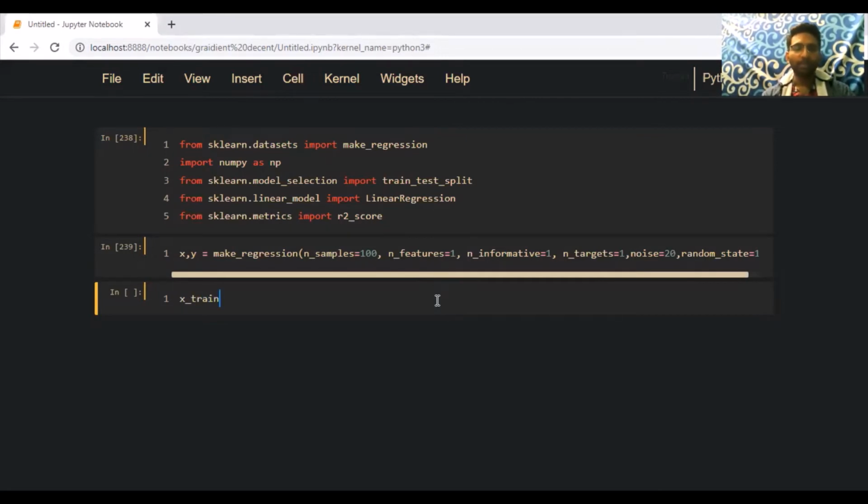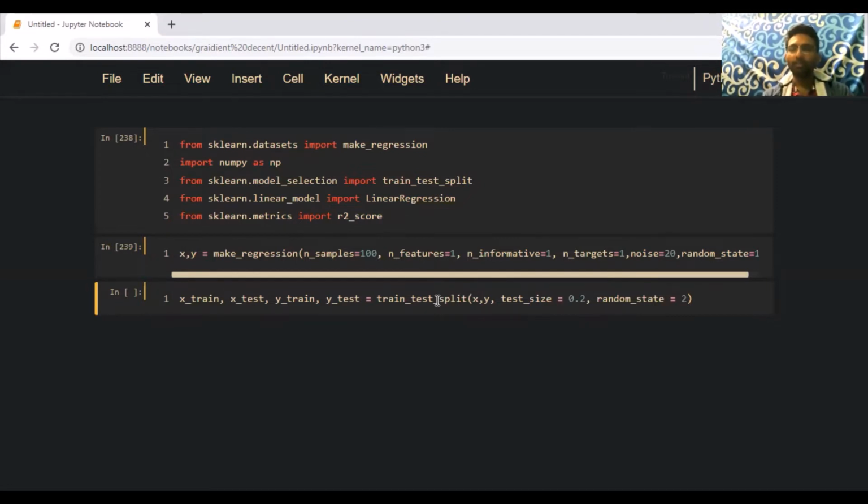So we will start by splitting the data. I have taken test size here; we can take the train size also.